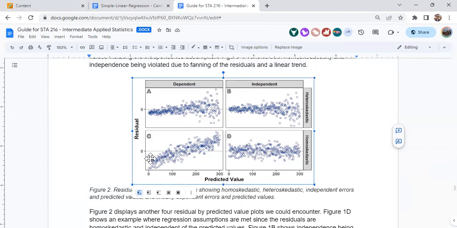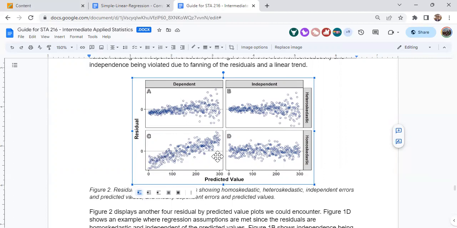The idea is, if you look at the vertical spread, it's fine. But the problem is, if you know the predicted value, it's informative of what the residual is going to be, and that's a problem for regression. So here, if the predicted value is smaller, the residual is almost always negative. Your model's almost always overestimating the value.